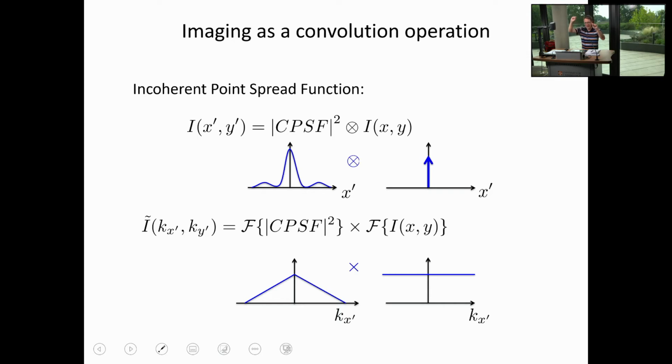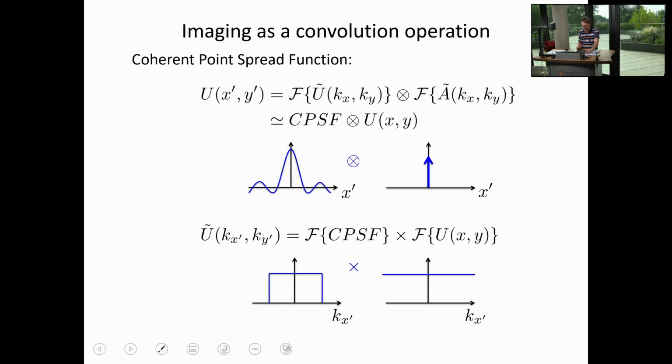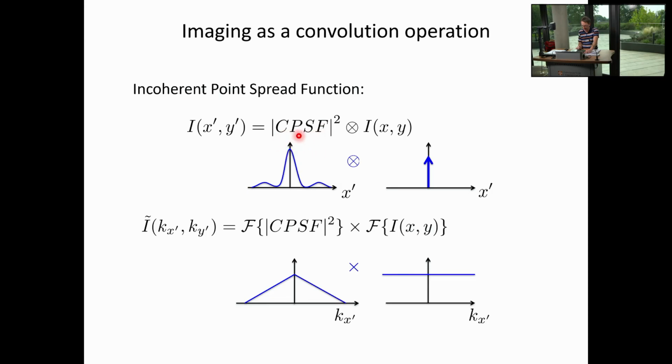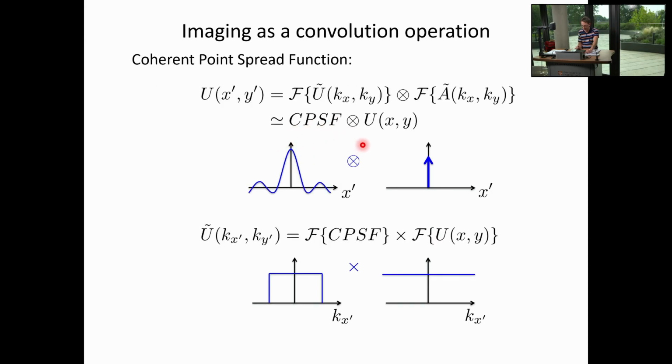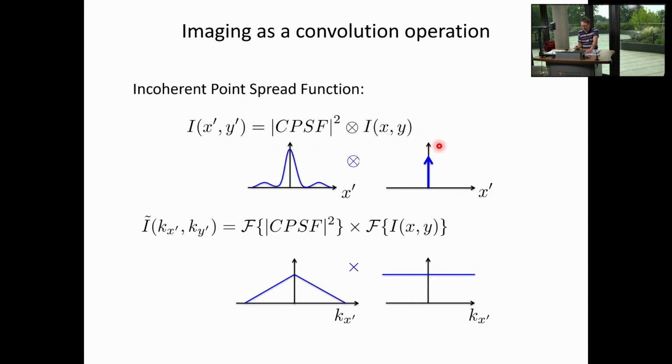Okay, right. So if I just image one point, and I want to get the intensity that I might detect on a detector, then I just square the field at the detector. If I take the square of this function, I get the coherent point spread function squared times the field squared, and that's just the intensity. So that's the input intensity.